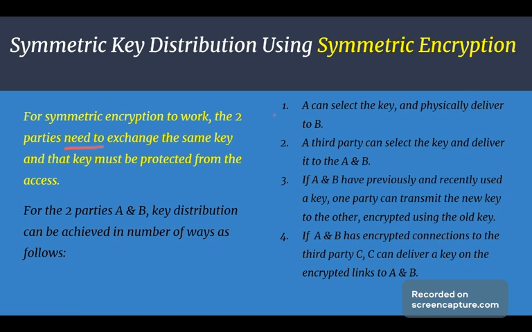Number first, A can select the key and physically deliver it to B. Number second, a third party can select the key and deliver it to A and B. Number third, if A and B have previously and recently used a key, one party can transmit the new key to the other, encrypted using the old key. And number four, if A and B have encrypted connections to a third party C, then C can deliver a key on the encrypted links to A and B.